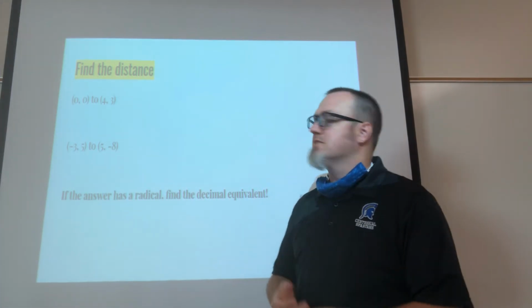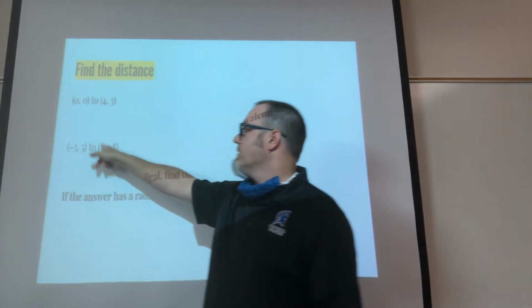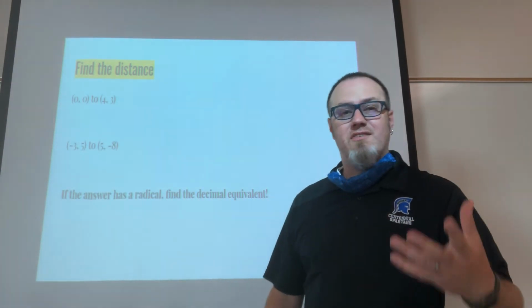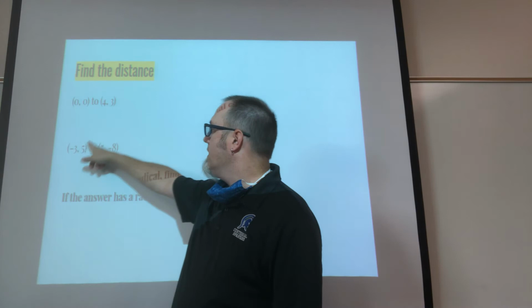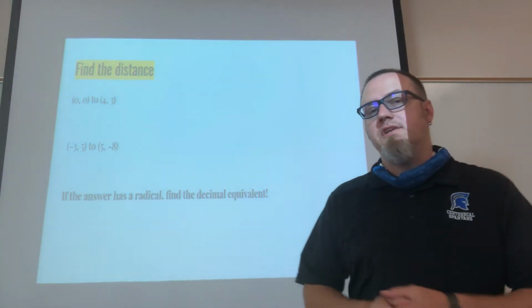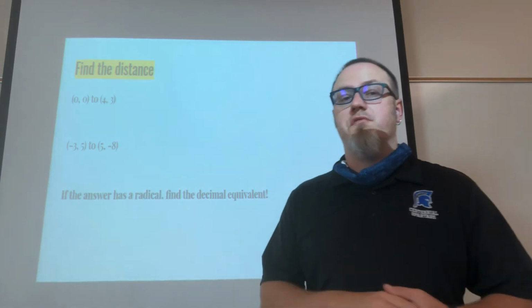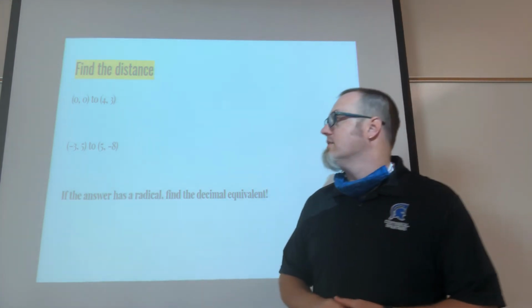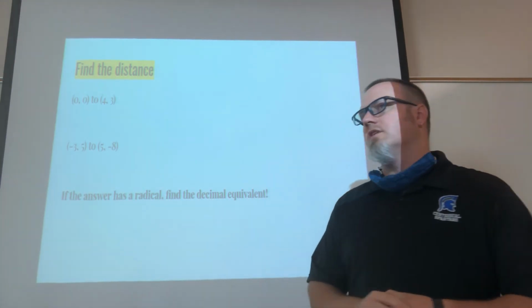Again, I just like to find the distance. From -3 up to 5 is a change of 8. From 5 to -8 is a change of 13. So 8 squared is going to give us 64. 13 squared is going to give us 169.